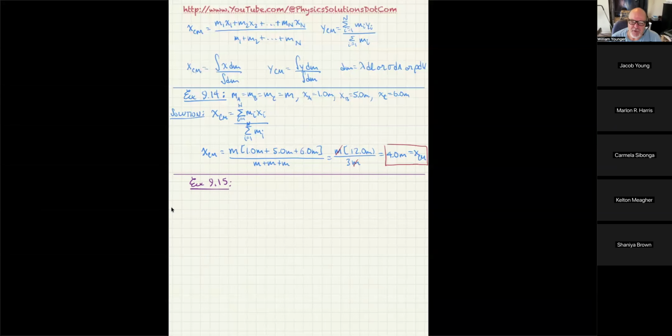So in this one, it's a little abstract because you've got three separate particles and they're not really connected to any part of each other. So what you could imagine is that you actually made a really thin, light plexiglass triangle and then you embedded these tiny particles at the vertices of that triangle.